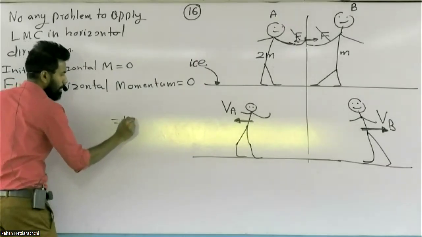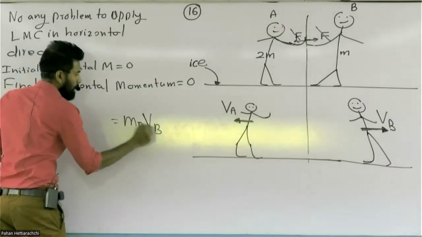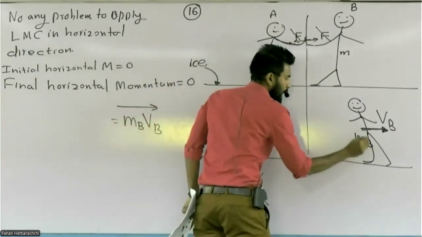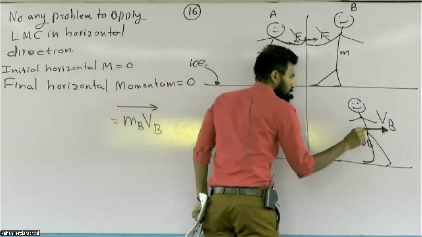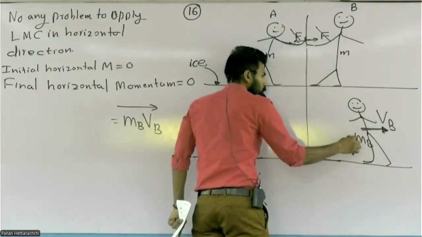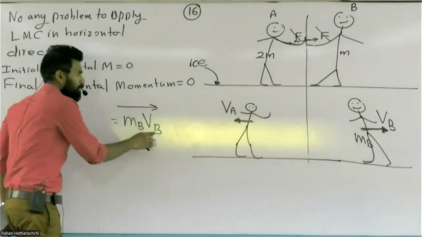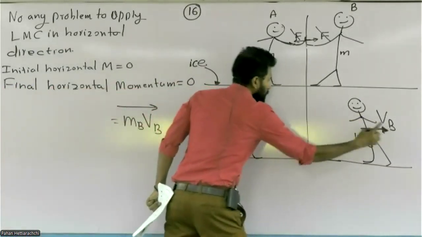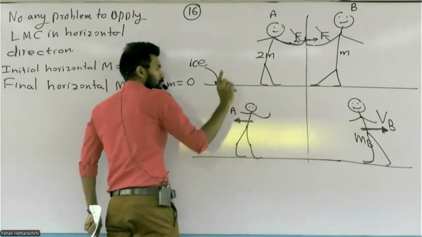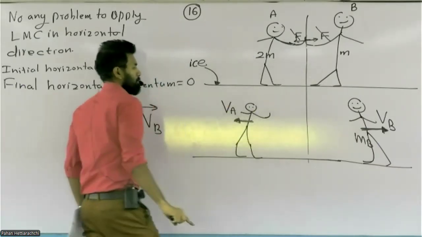Mass of B, MB, has a velocity VB in this direction, creating a momentum MB into VB. If it cancels with the momentum of the other child, then the combination will become a 0 momentum.